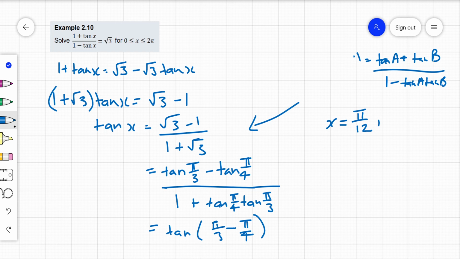So we've also got pi plus pi on 12, so that's 12 pi on 12 plus pi on 12, which is 13 pi on 12. So there's another way to look at it. I don't know if that's more difficult or easier, but there's a couple of fun ways to use your compound angles to solve that question.